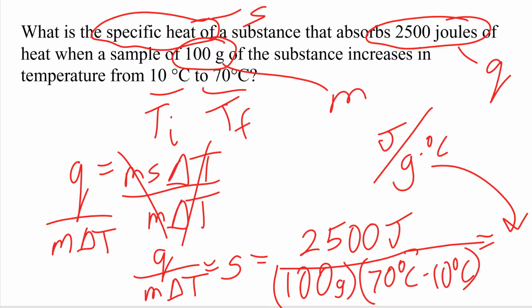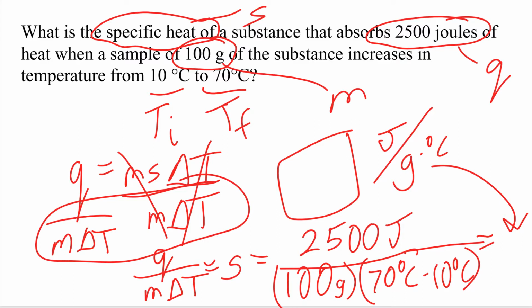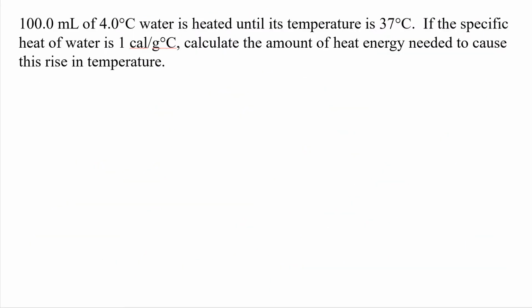You can type this in your calculator, and then you put your answer right here. As I said, the other way to solve this problem is to just plug the numbers in first without doing this kind of manipulation. It all depends upon your proficiency with algebra. I'll solve the next problem that way.